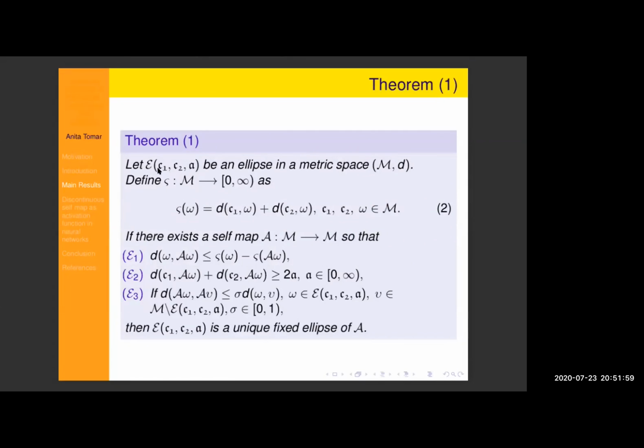So if this is the ellipse on the metric space (M, d), and we define sigma from M to [0, infinity) as sigma(omega) equal to d(C1, omega) plus d(C2, omega), where C1, C2, omega are elements of M, and we take these conditions as the postulates for our theorem, then this ellipse will be the unique fixed ellipse for A. And these conditions are indispensable for the existence of a unique fixed ellipse.